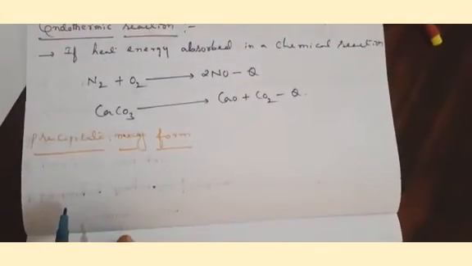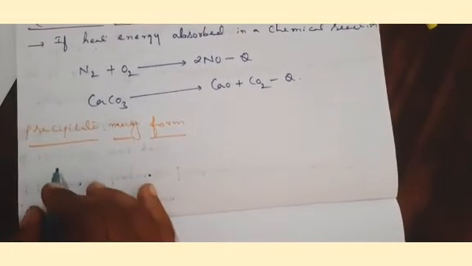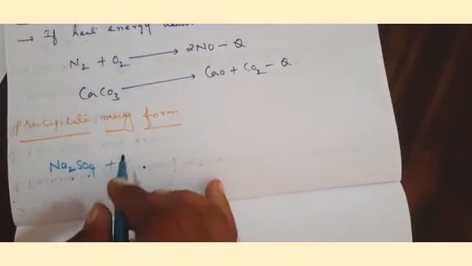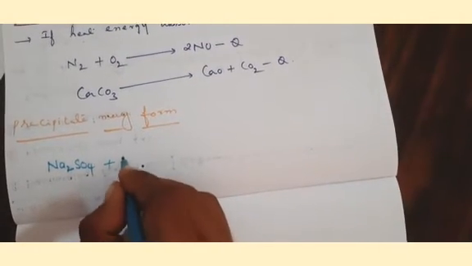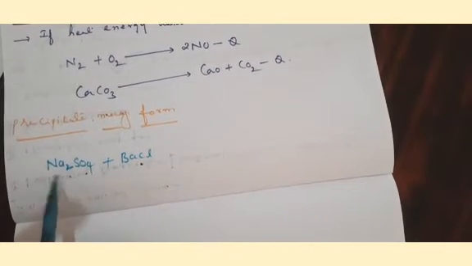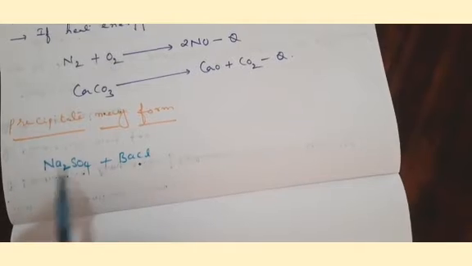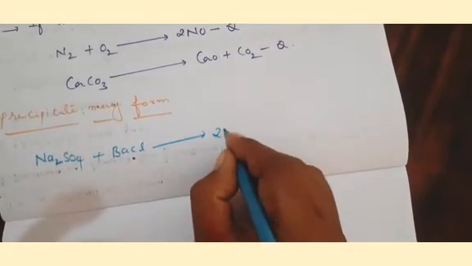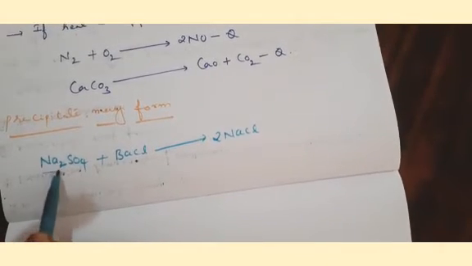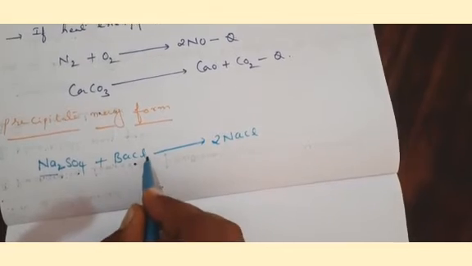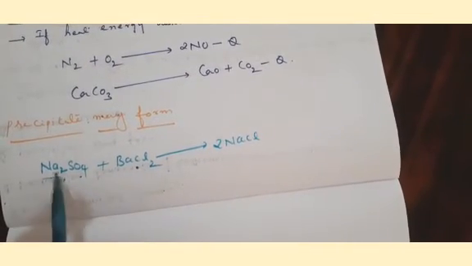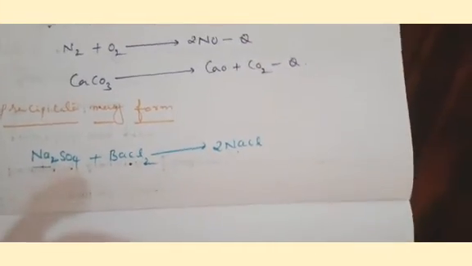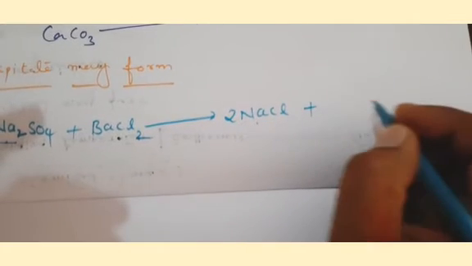Understood? Example for the precipitate reactions: when sodium sulfate solution is added to barium chloride solution, you need to prepare sodium sulfate solution and barium chloride solution, and if you add these two solutions, I will get 2 moles of sodium chloride, NaCl. Understood? Along with sodium chloride, I will get barium sulfate.